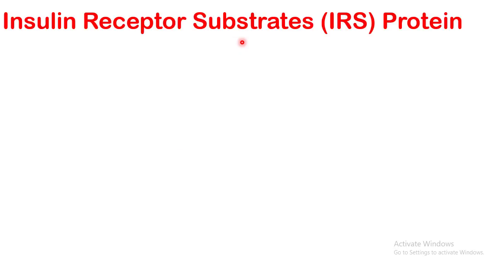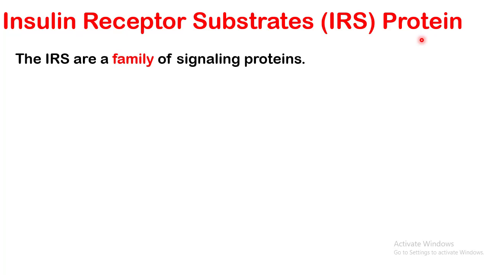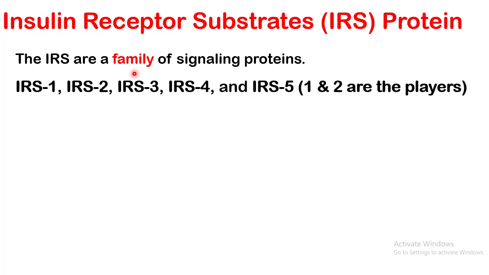What happens next? These phosphotyrosines on the beta subunit are actually providing a binding site for a protein which is known as the insulin receptor substrate protein. When you talk about the insulin receptor substrate proteins, you are actually talking about a family of signaling proteins. In this family, there are 5 members, IRS1, 2, 3, 4, and 5.